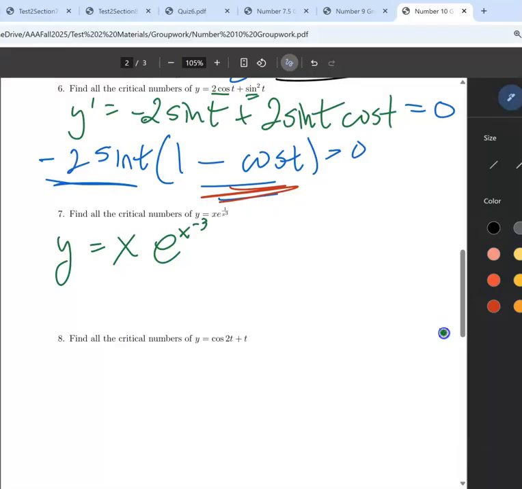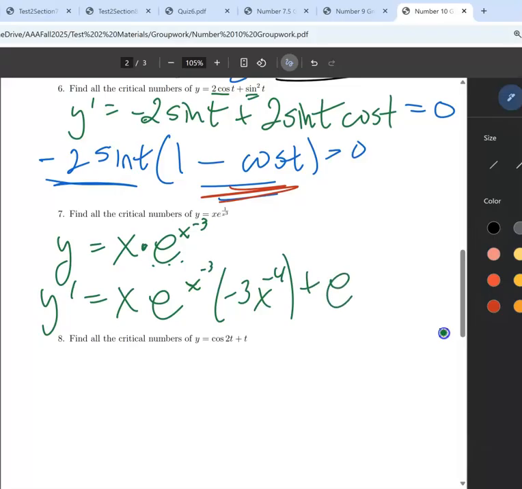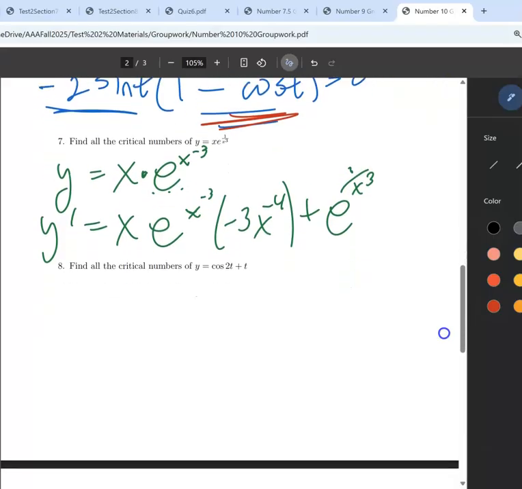So you see the product rule. So let's do it. y prime is first times derivative of second. Derivative of e to the stuff is e to the stuff times the derivative of stuff, right? Subtract 1 from the exponent, plus the ugly e guy, times the derivative of x. What is 1? Okay, let's invest time rewriting this.